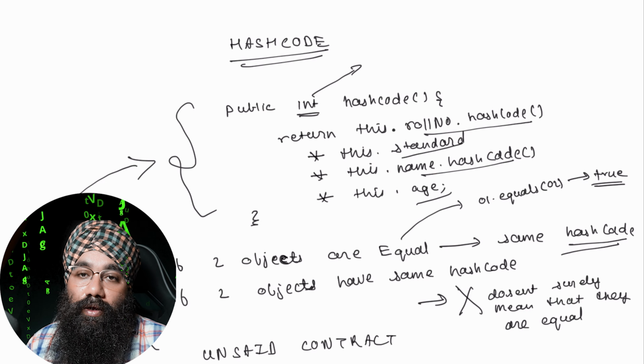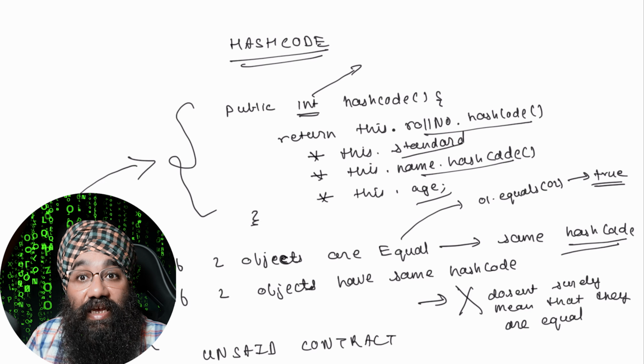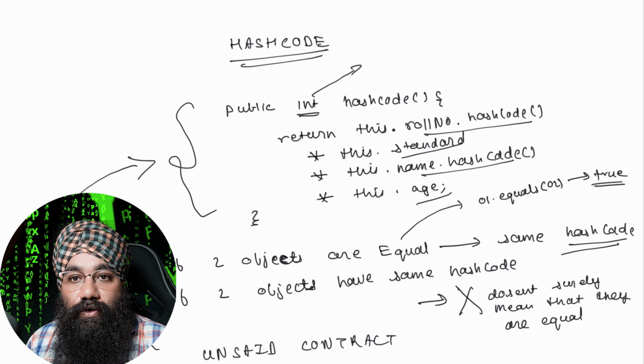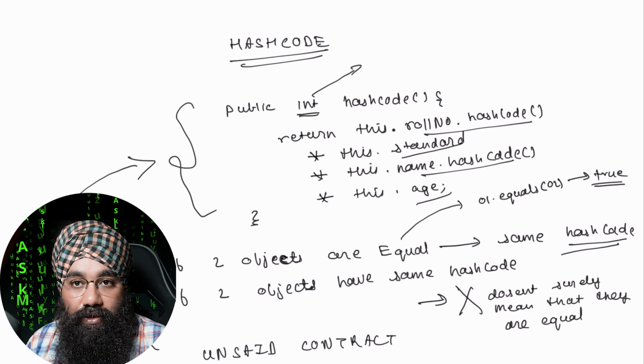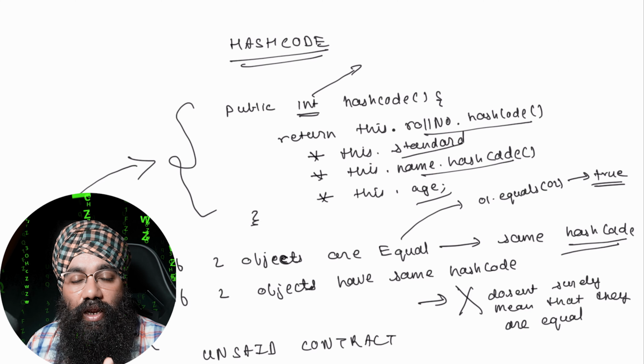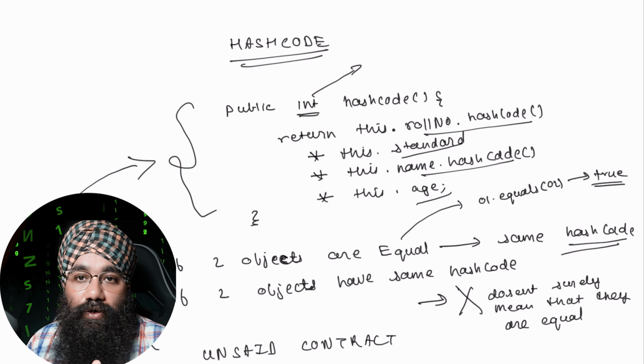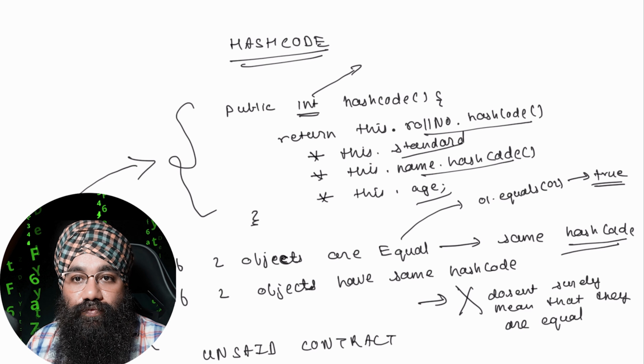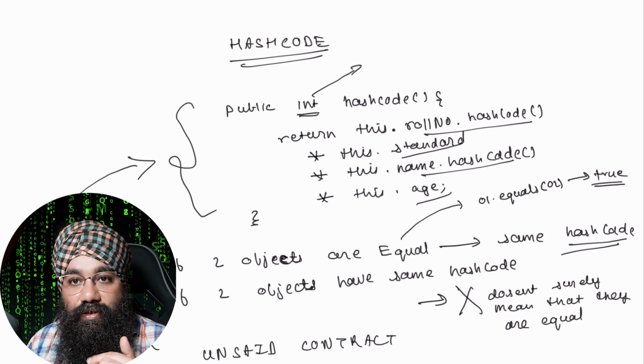It is not compulsory, but it is still expected for better quality. So in this video, we learned about the equals and hashcode methods in Java. It is very elementary and you should learn it in a lot of detail. In coming videos, we will see how we use the equals and hashcode methods.